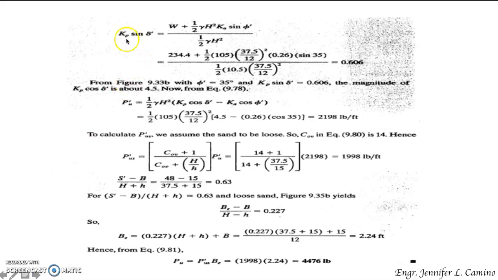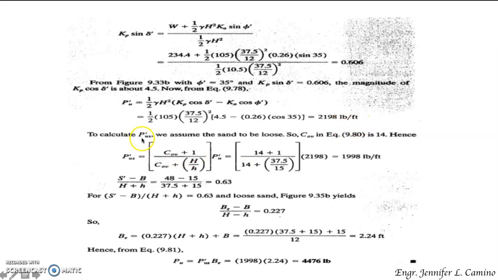Then we simply have to compute for K sub P cosine delta prime. When phi prime is 35 degrees, the magnitude of K sub P cosine delta prime from figure 3.33 is equivalent to 4.5. Now you can compute for the ultimate resistance of the anchor rod. So using this equation, it gives us 2,198 pounds per feet.